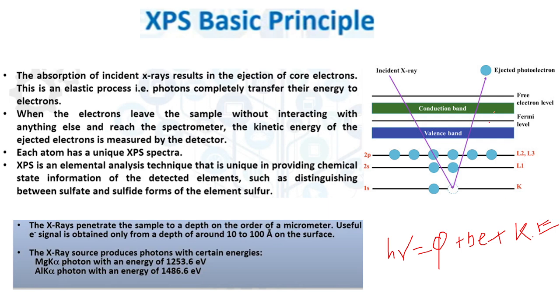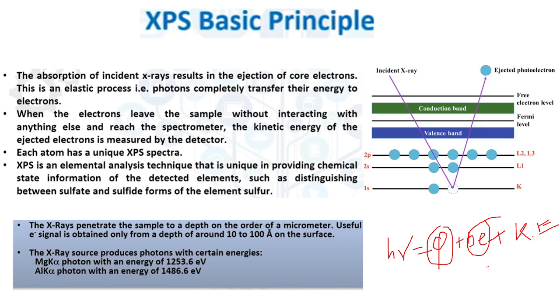Kinetic energy means that of the ejected photoelectron, and that is what we actually measure. Since the work function and binding energy are constant for each element, only the kinetic energy will change depending on the hν value.